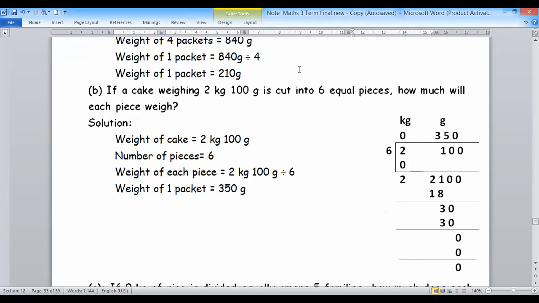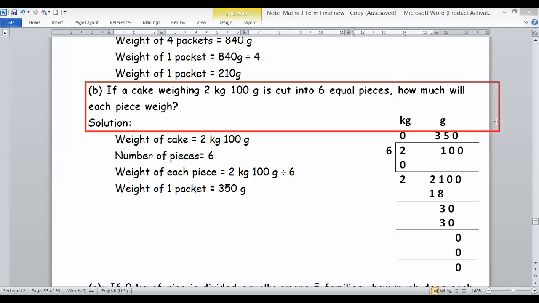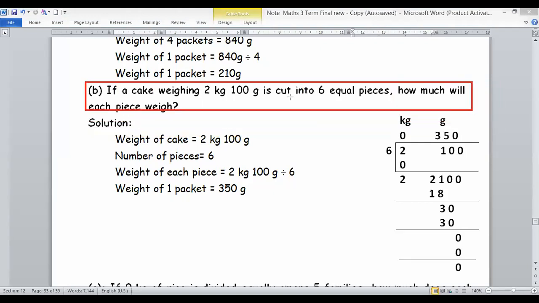The solution of part B is also written in front of you. You can see here, if a cake weighing 2 kilogram 100 gram is cut into 6 equal pieces, how much will each piece weigh? The weight of the cake is given, that is 2 kg and 100 gram. We want to divide this cake into 6 equal parts.